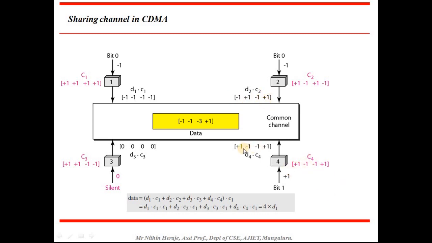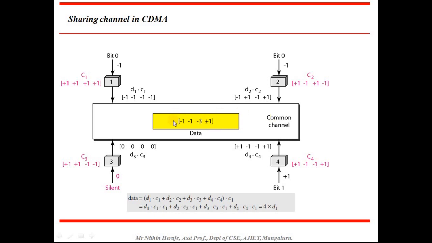Similarly, here also this code is multiplied with the +1, so you get D4 into C4. Here it is D3 into C3, that is 0 into this, so everything remains 0. Finally, in the channel you are going to get -1, -1, -3 and +1.